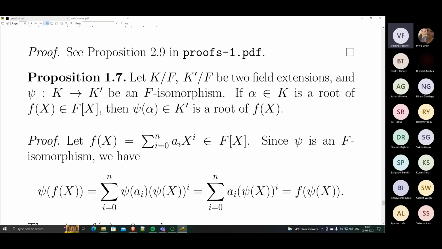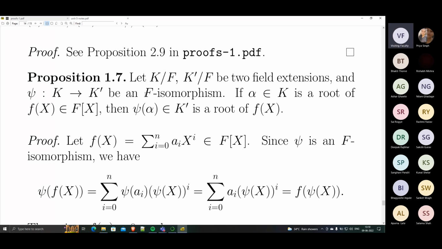So psi of f of x is just summation psi of a_i x raised to i, but that again splits into psi of a_i times psi of x raised to i, and psi of x raised to i splits as psi of x whole raised to i, because it's a ring homomorphism, right? Field homomorphism is a ring homomorphism. Okay, so psi of f of x is just this. Is this clear why it splits? Because it's a property of ring homomorphism. Okay, so psi of f of x is just summation over i psi of a_i times psi of x the whole raised to i.